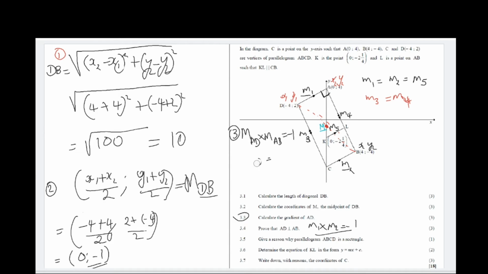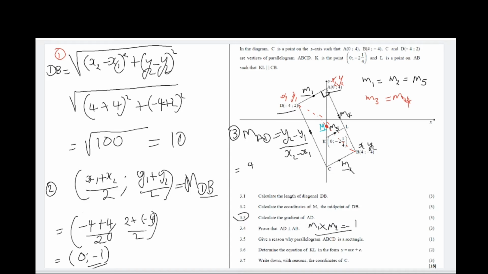We are finding the gradient of AD. Yes, the gradient of AD, MAD is equals to y2 minus y1 over x2 minus x1. My A is this point, and then there's D, this point. So I just substitute into my formula. Can you substitute for me?